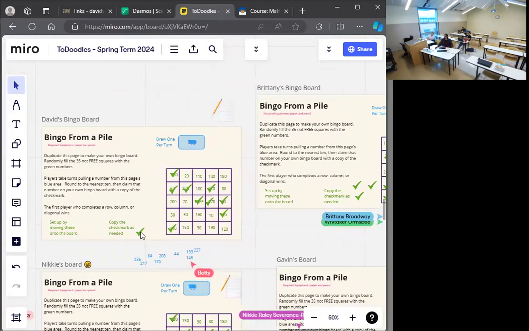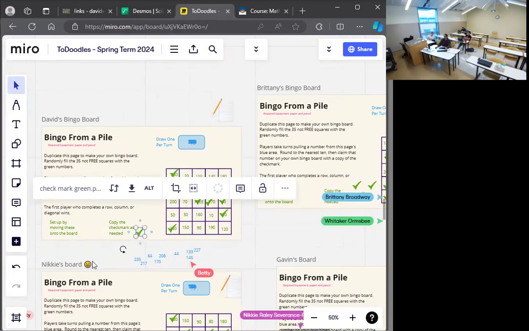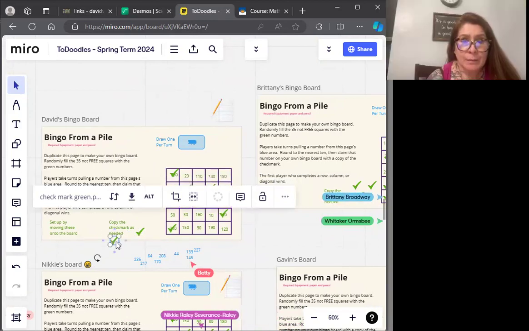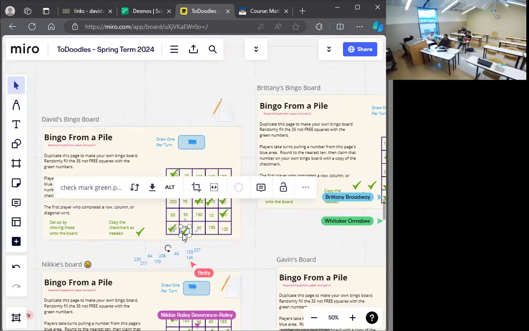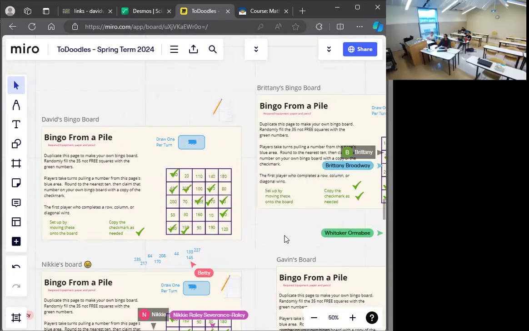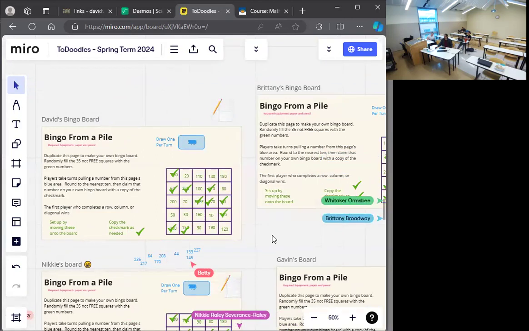145. What does that round to the nearest 10? 150. The 5 makes the 4 go up. 164.